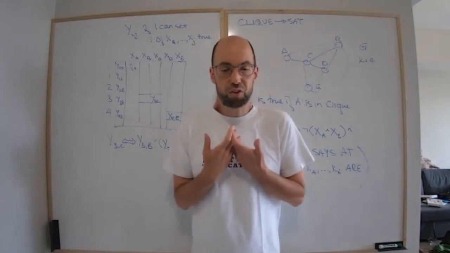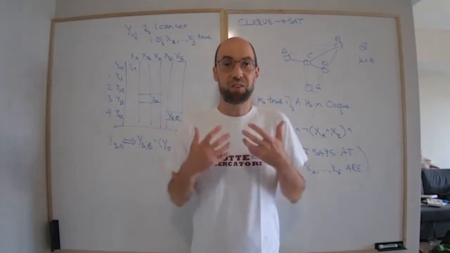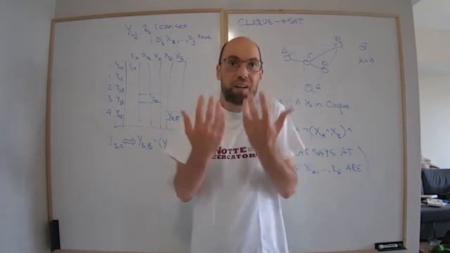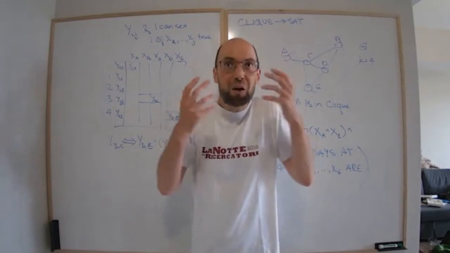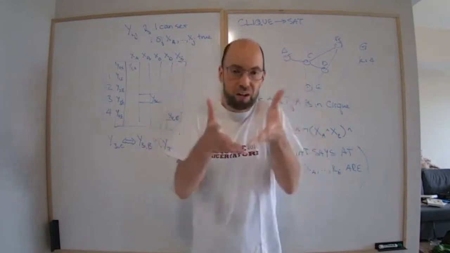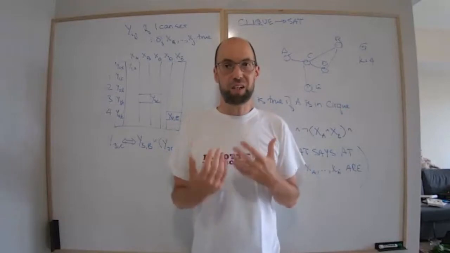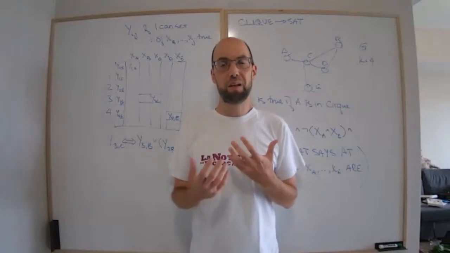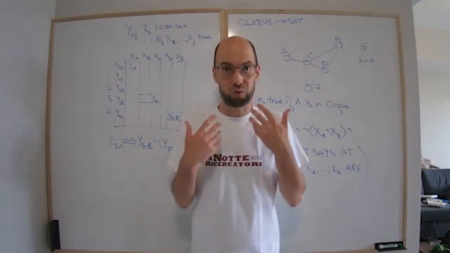This is because propositional logic is fairly expressive. It's a language that's powerful enough for us to write that the graph has a clique of size k. It's a kind of clumsy language, but we can write that, and it only takes us polynomial time to write it.